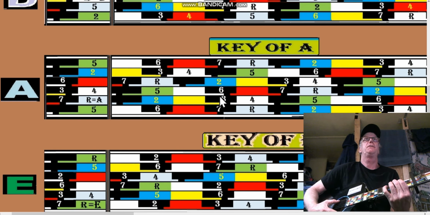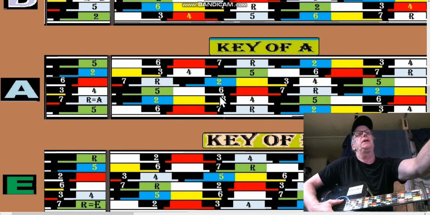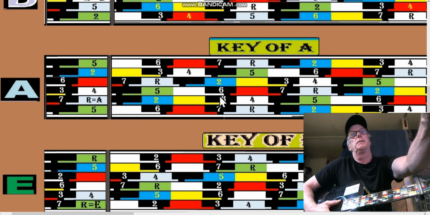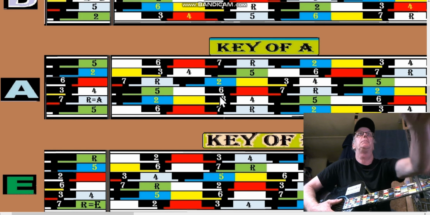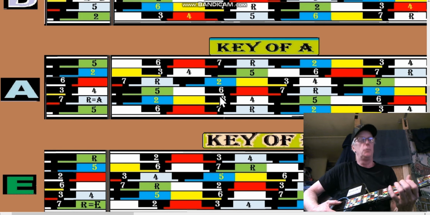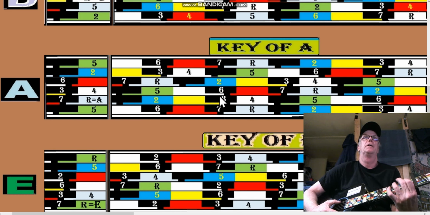Okay, now that's the fifth of the key of A, so we don't want to play that far along, because remember the fifth will take you up to the root. The root will take you up, but we've got to be careful here. So we're going to start on the 5, 6, 5, 6, and then take the root. We want to get that 7, so it's 5, 6, 7. Excuse me. Here we go.